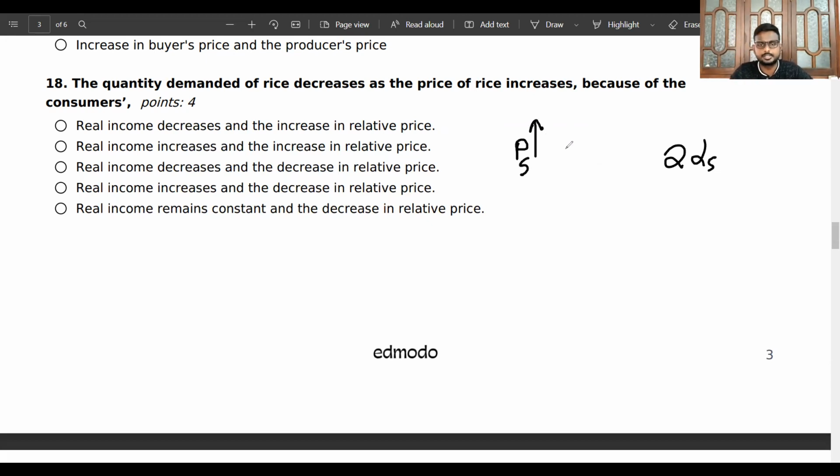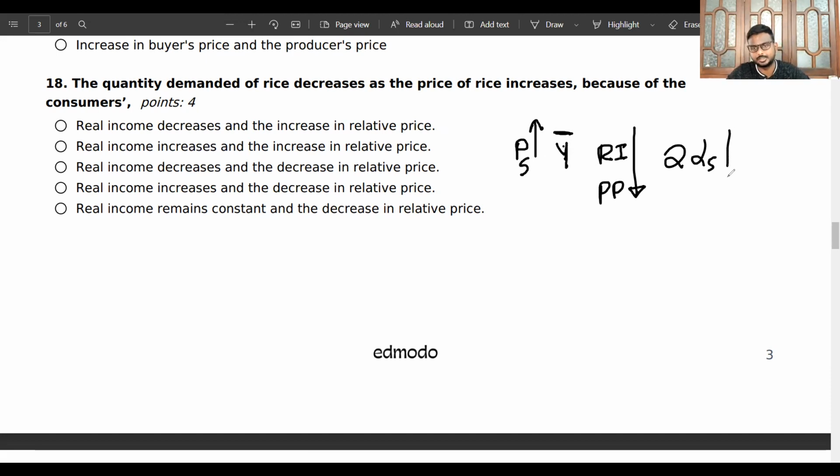When that happens, we assume the nominal income of the consumer is constant. But when the nominal income is constant and the price of the product is going up, the consumer's real income, or rather purchasing power, will drop. Since the consumer is still earning the same income, but the price of the product has gone up. That means the consumer's purchasing ability, that is the real income, will drop.